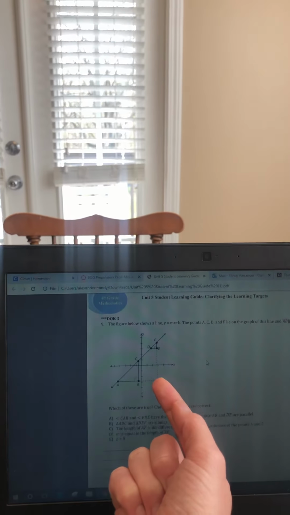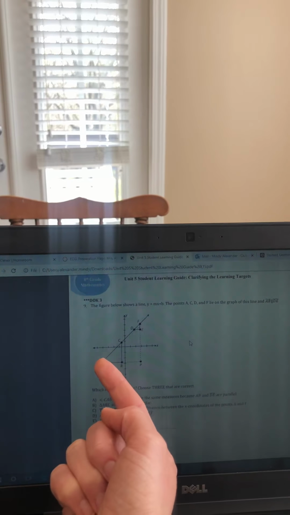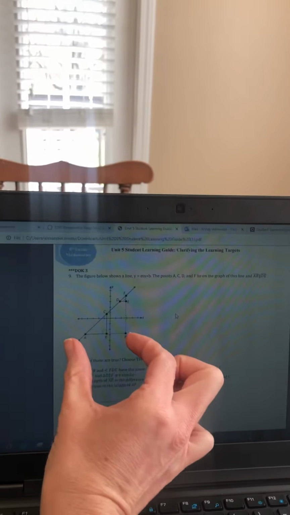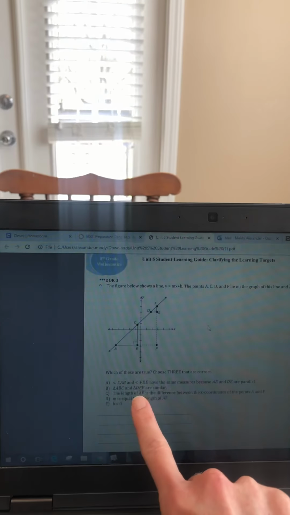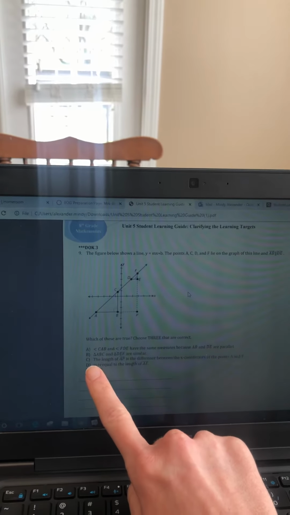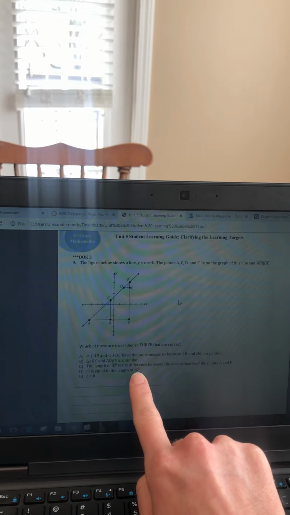So if you took away now the x value of A, that means everything over here, we're taking all that away, isn't that the length of AP then? So C is true.